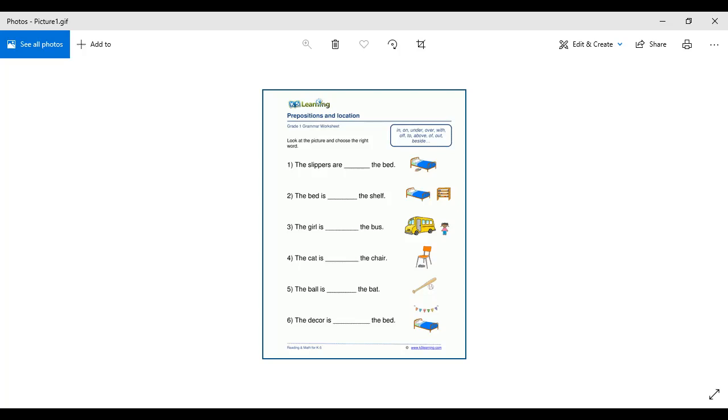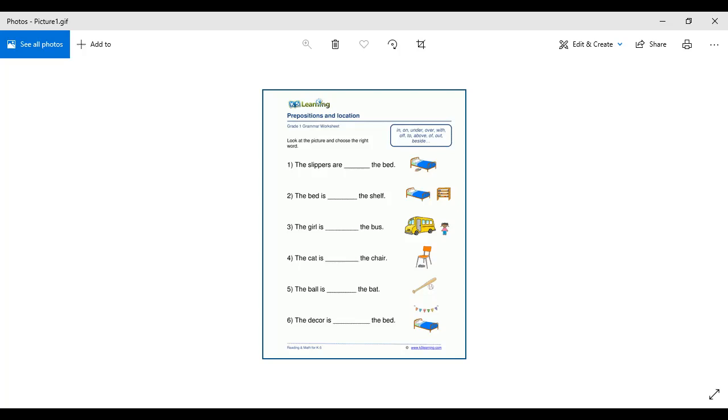Okay. Who is going to tell us the next one? The ball is dash the bat. The ball is under the bat, right? And the last is: the decor is dash the bed. The decor is above the bed. Very good.